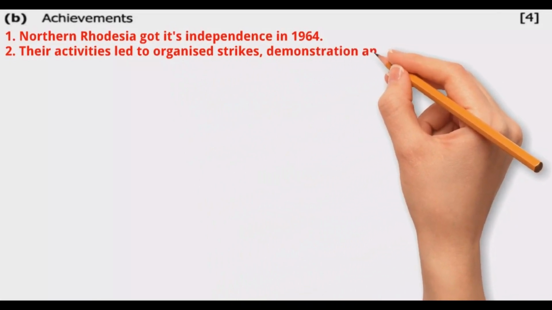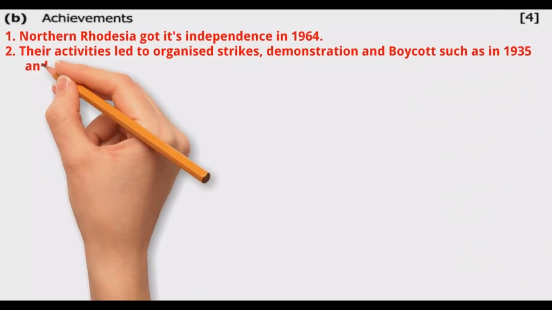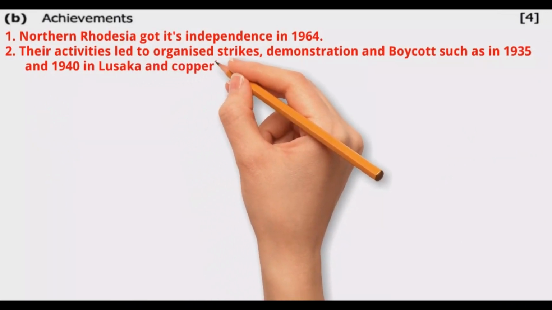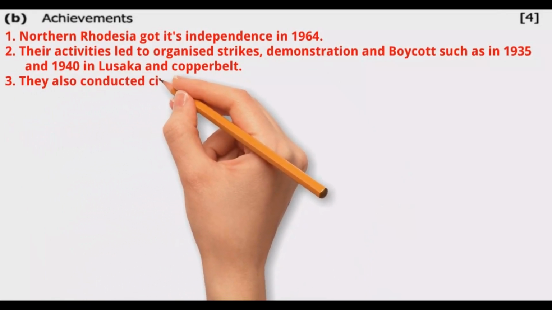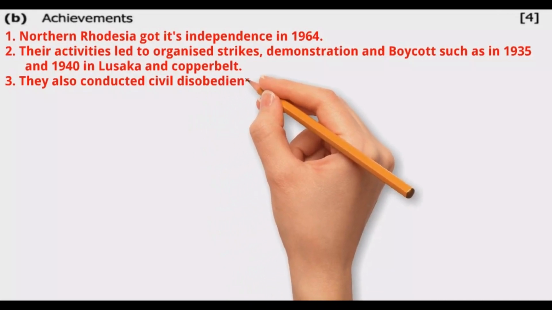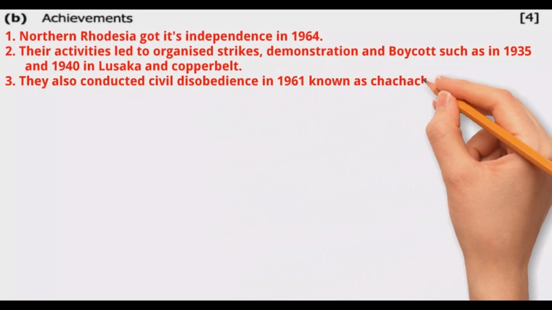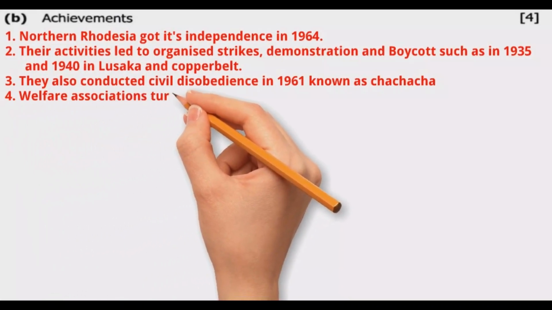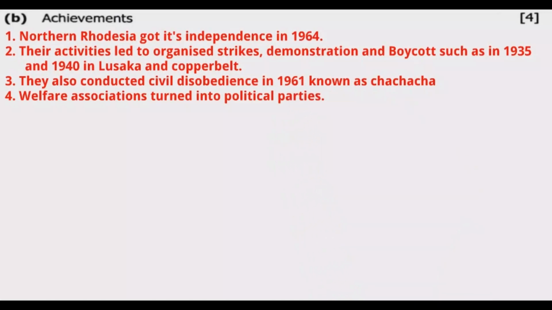Number 2, their activities led to organized strikes, demonstrations, and boycotts, such as in 1935 and 1940 in Lusaka and Copperbelt. 3, they also conducted civil disobedience in 1961, known as Cha-Cha-Cha. Number 4, welfare associations turned into political parties. So these are the 4 achievements that were scored.